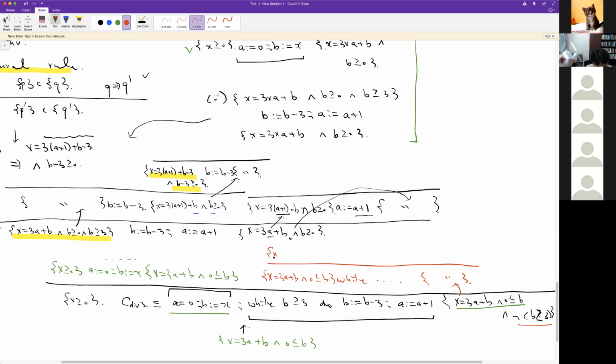The loop invariant proof requires that we put the candidate invariant and then the loop condition, which is B is greater than or equal to 3. Then we have the body of the loop, and we establish this invariant. That is exactly what we did here. So by putting all these things together, we can complete the proof of this divide by 3.